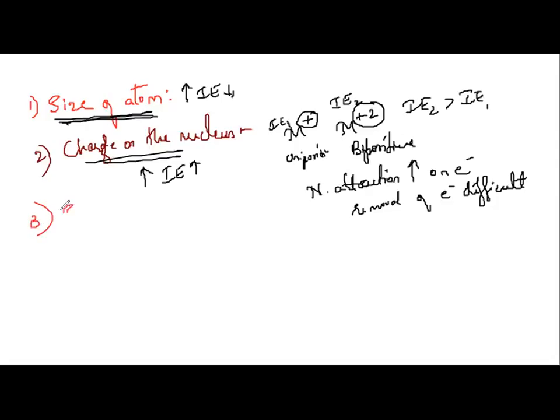The third condition is shielding or screening effect. We know what shielding or screening effect is, right? It concerns the valence electron in a multi-electron atom.